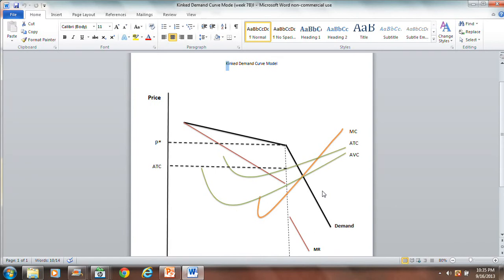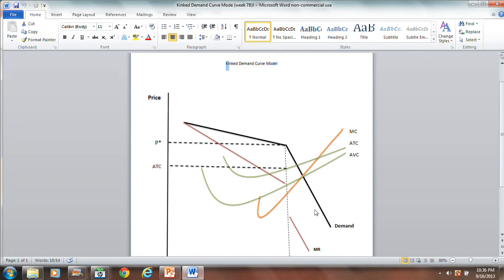Now, because you're basically taking two segments of demand curves, an elastic demand curve and an inelastic demand curve, and meshing them together, the corresponding marginal revenue curves are going to be just segments. For the elastic demand curve, the marginal revenue associated with it is going to be directly beneath it. Remember, when there's market power, the price is greater than marginal revenue, and so the demand curve and the marginal revenue curve separate.